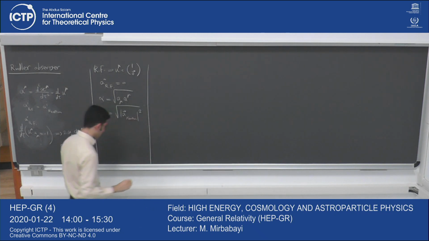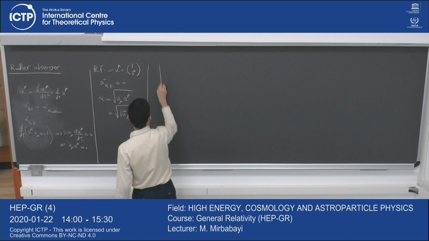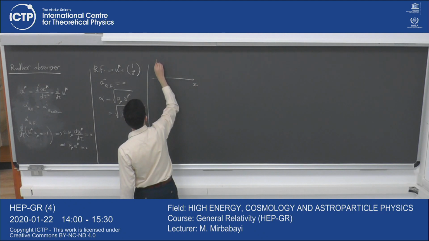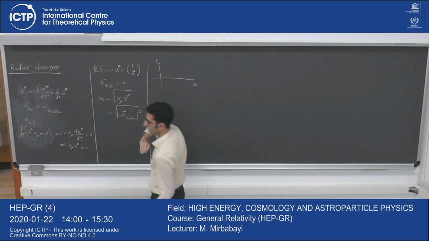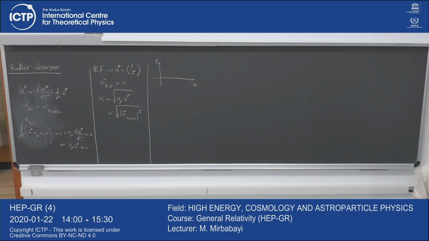Now we want to consider an observer who moves with constant proper acceleration in 1+1 dimensions, one space and one time dimension. And we assume that that observer, we call him Bob, starts at rest at the origin, and then he accelerates towards the positive x-axis with constant alpha.